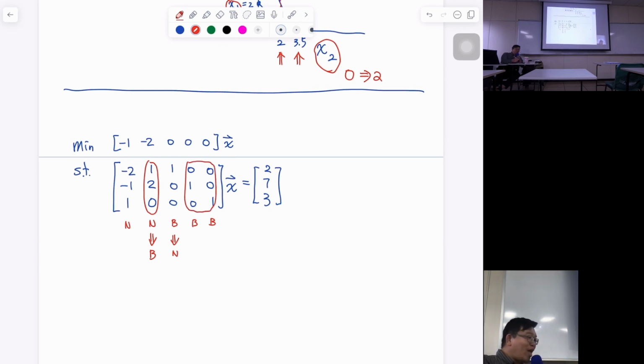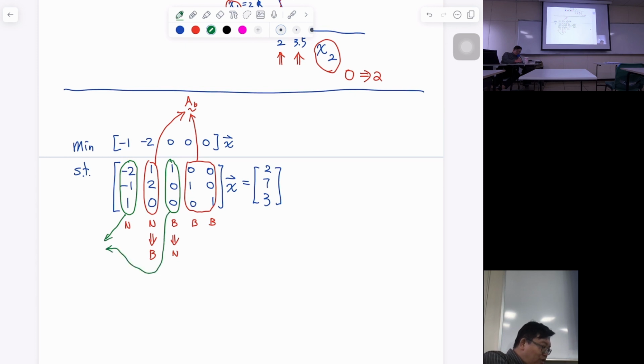So what is gonna happen is the red circle ones, they are your A, B. And the green circle ones, they are your A, N. For this iteration. Because they swap their duties.